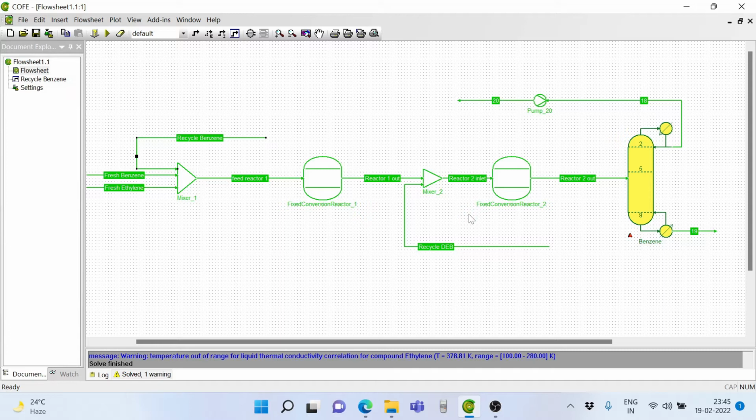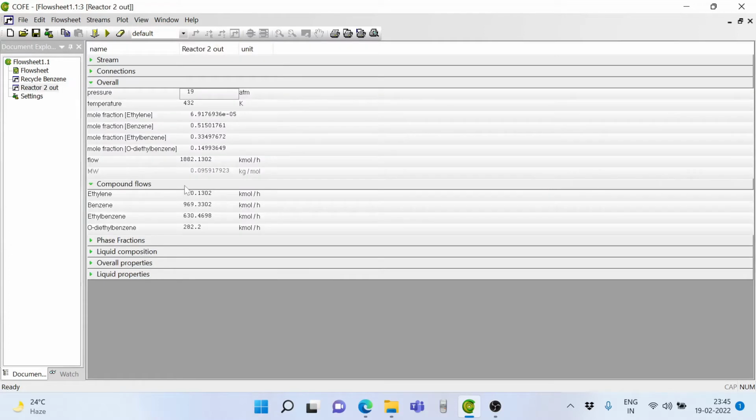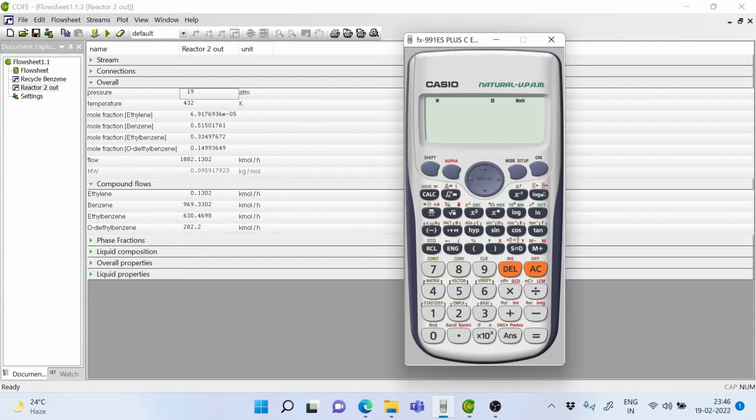Now, how do we avoid this situation? What is the amount of ethylene that is unreacted? Let's check that first. So the unreacted amount of ethylene is 0.1302. So let's take this value: 0.1302 divided by 3600 multiplied by 1000.